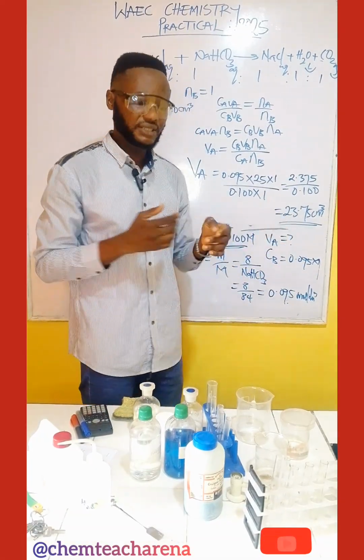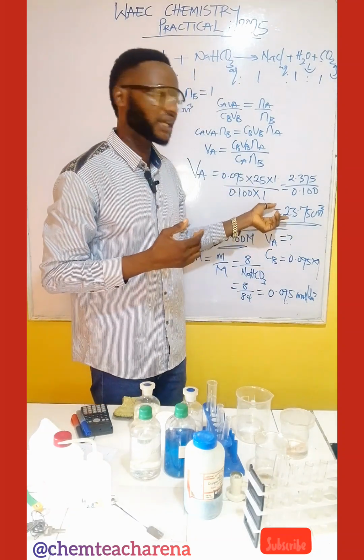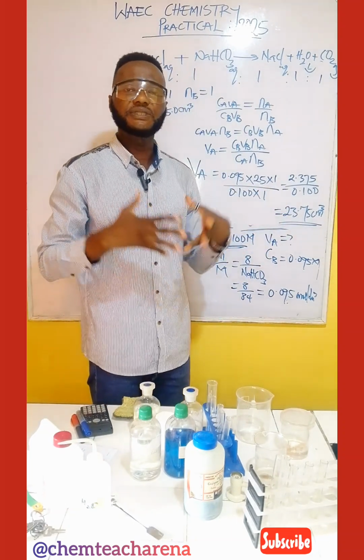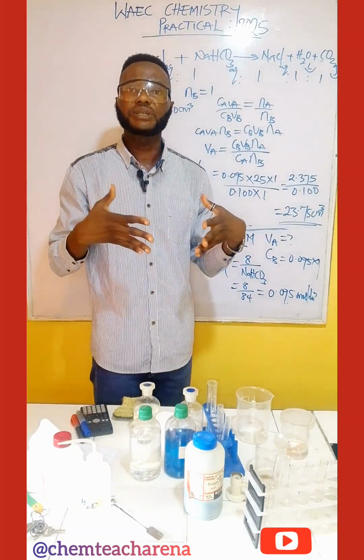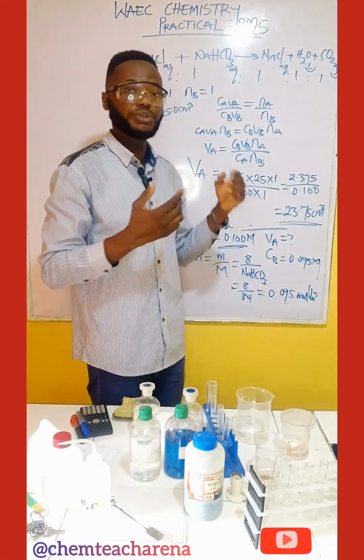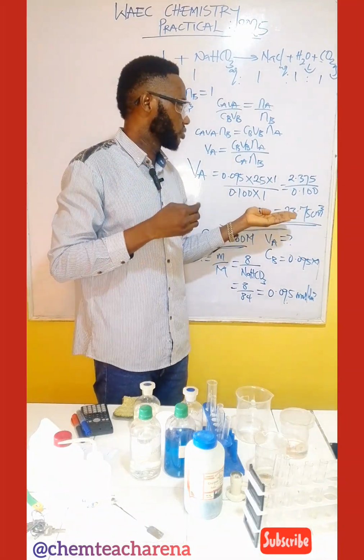What this means is that when you are carrying out your titration practically, this one will guide you. So the end point for this year's 2025 chemistry practical should be within the range of, let me say, 20.